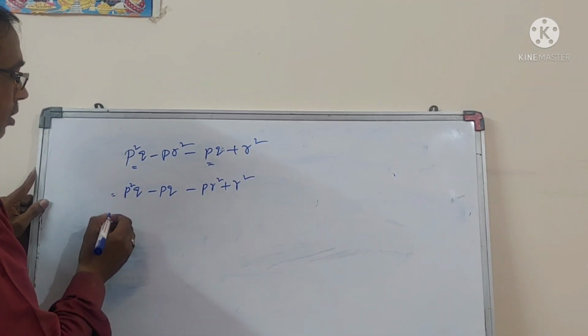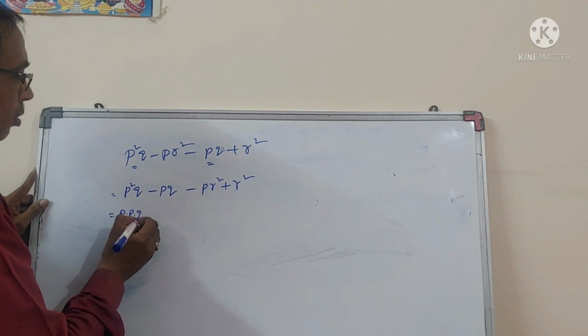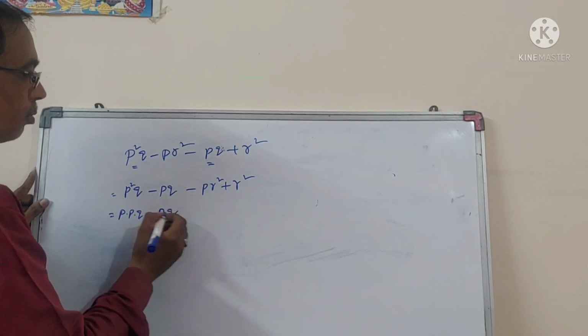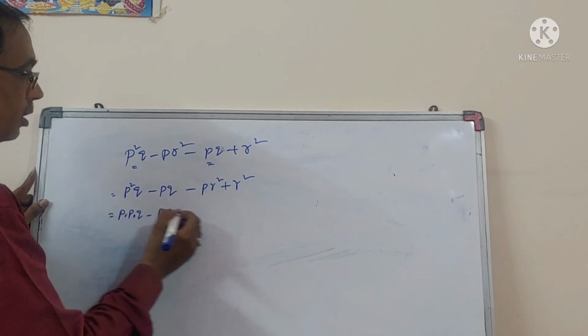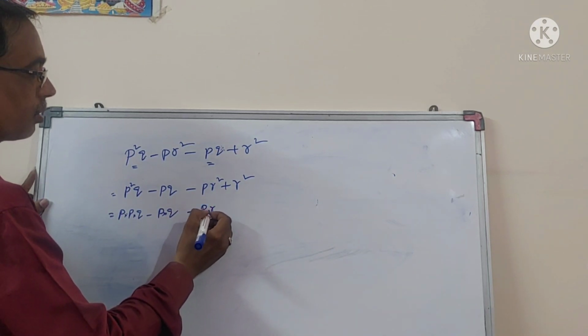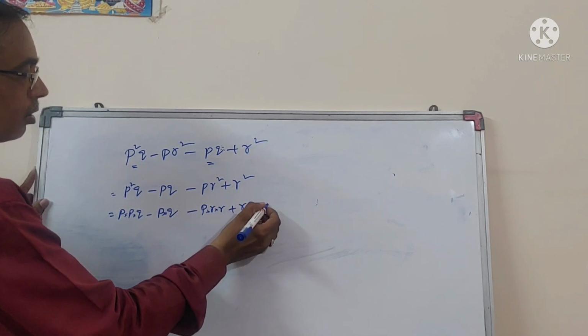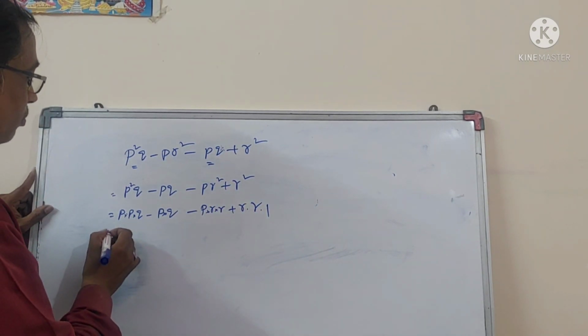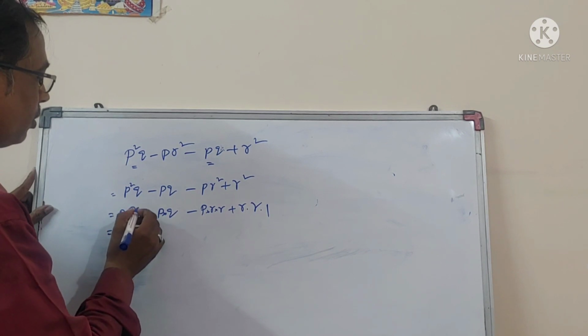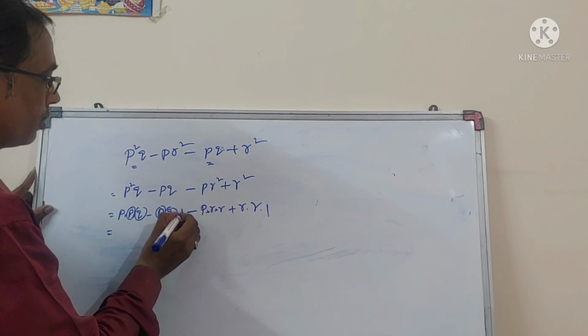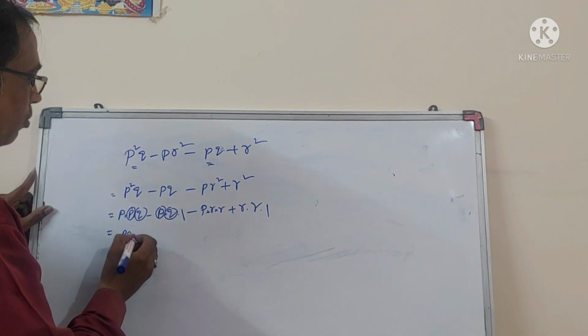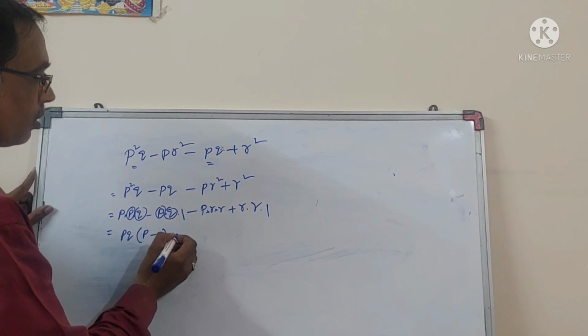In both of these we can write it as p into q into p. Next, here minus pr square is p into r square, nothing but r into r, and we need 1 here. Now pq is common, so pq taken outside, pq times of p minus 1.